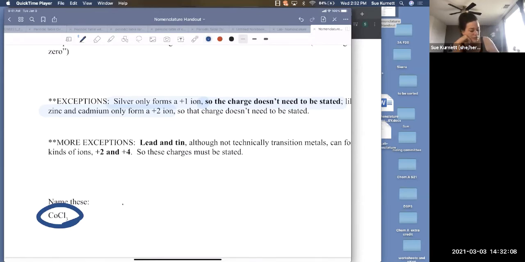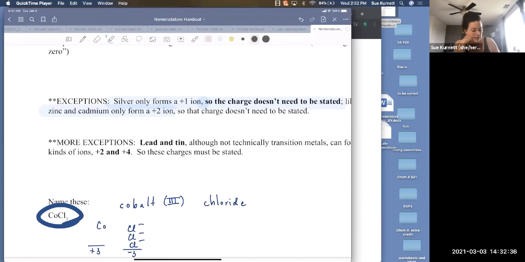I know that this is cobalt chloride, but I need to say which cobalt. Well, if there's 3 chlorides, and cobalt has to balance that charge, it must be cobalt 3. So I write a Roman numeral 3 inside parentheses behind the cobalt.